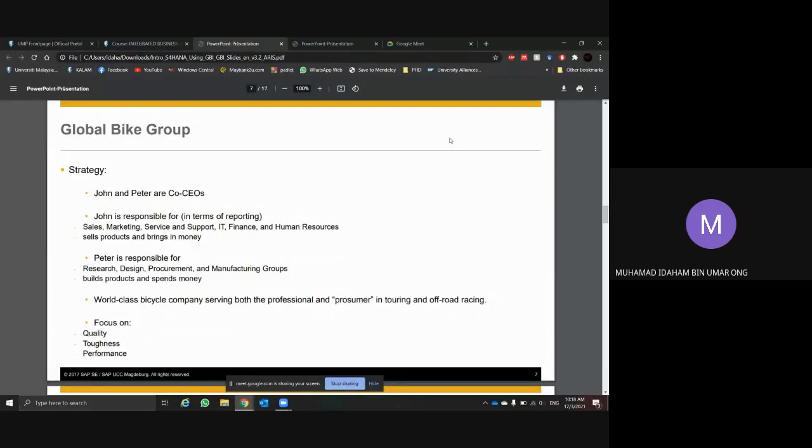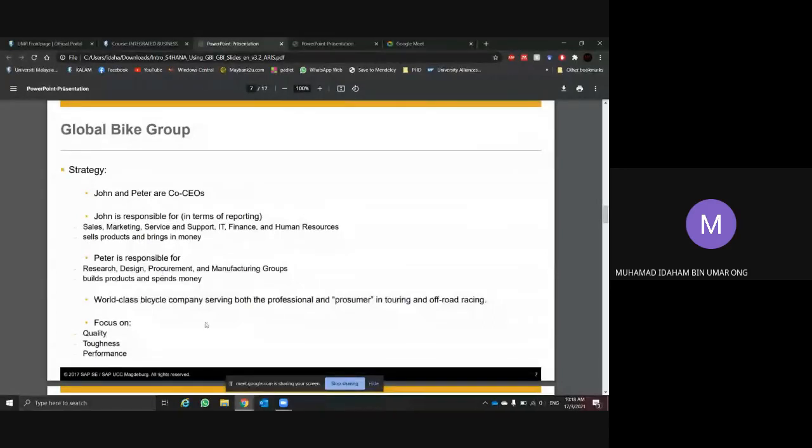If you look at John, he will be settling on sales, marketing, service and support, IT, finance, and human resource, while Peter is going to be doing research, design, procurement, and also manufacturing. In short, John will be selling and bringing in money, while Peter is going to be producing and also spending money. So those are 2 different aspects of what they are doing inside GBI.